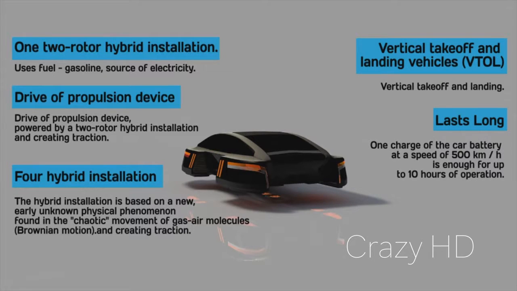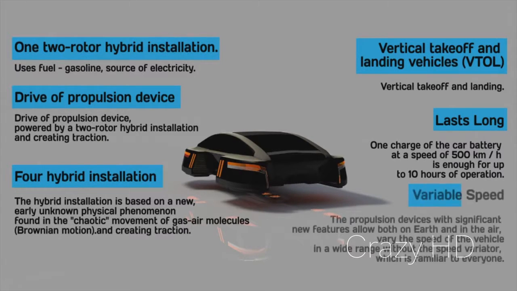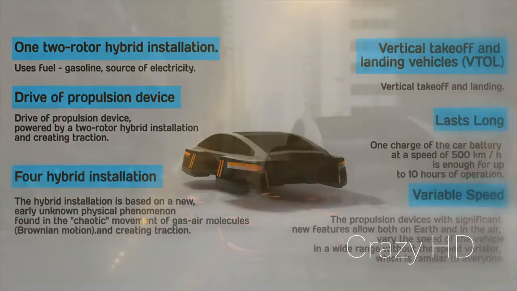One charge of the car battery at a speed of 500 kilometers an hour is enough for up to 10 hours of operation. Variable speed. The propulsion devices with significant new features both on Earth and in air vary the speed of the vehicle in a wide range without the speed variator, which is familiar to everyone.